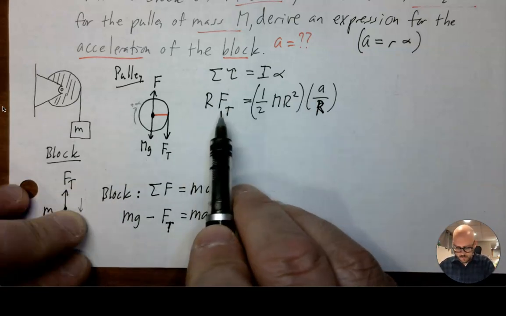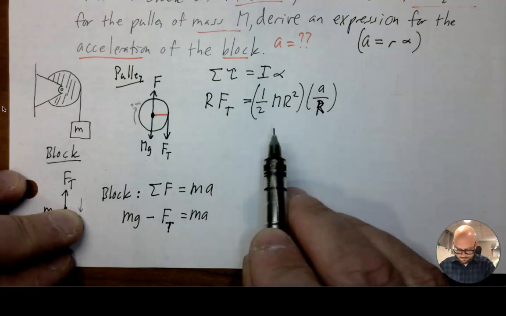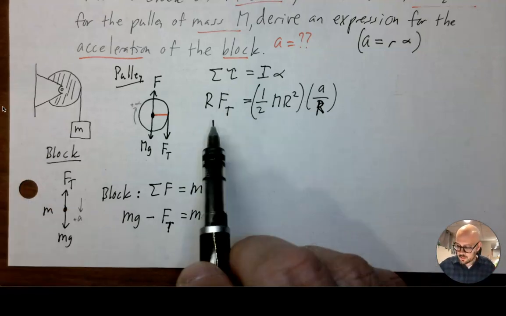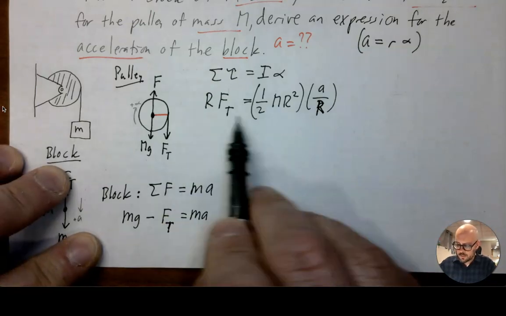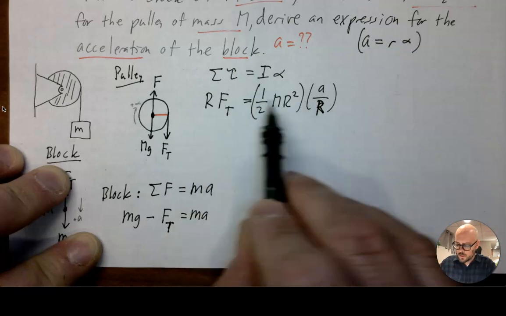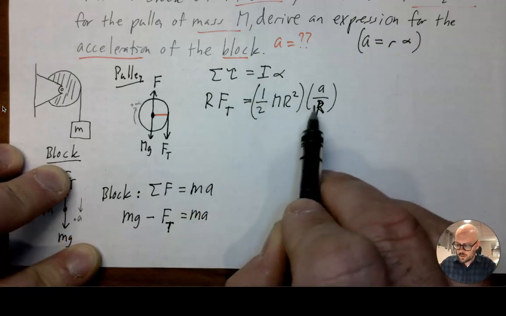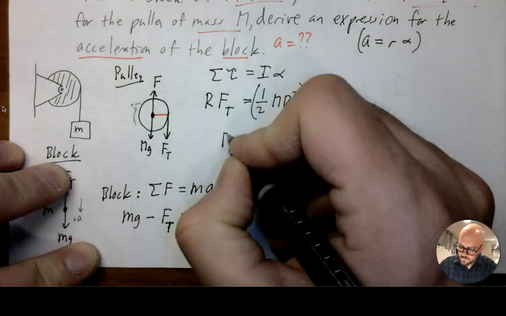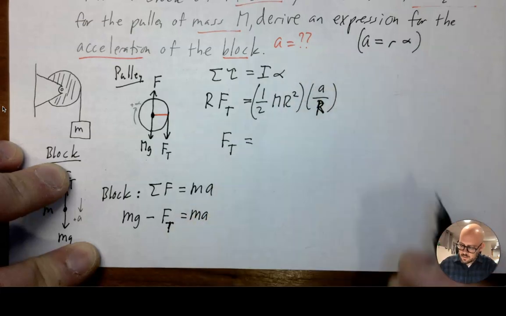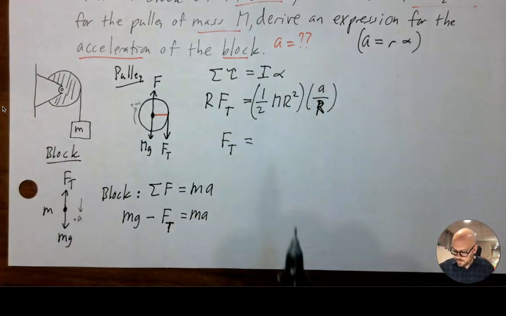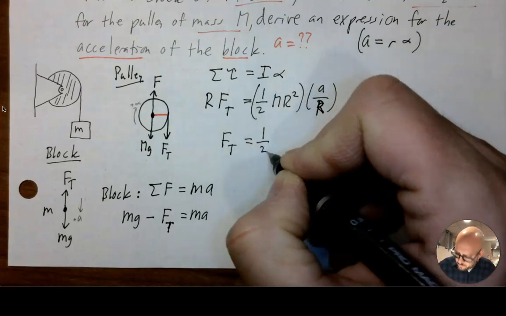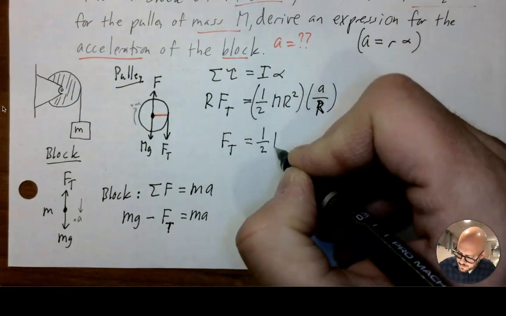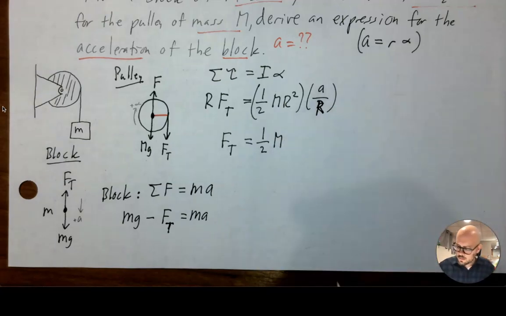What am I going to solve this for? I'm going to solve this for tension, and then I'm going to substitute it in. So I would divide both sides by r, and if you do that, you'd notice that you'd have r squared in this denominator. If you look at everything else that's here, the 1/2 will remain, the big M will remain, and the linear acceleration will remain.